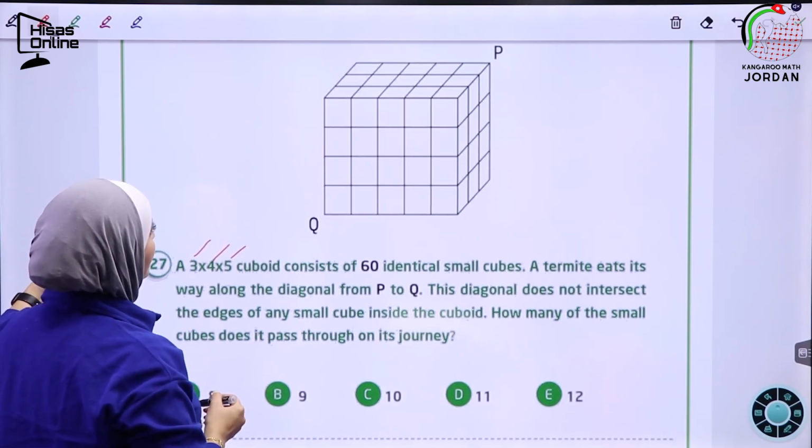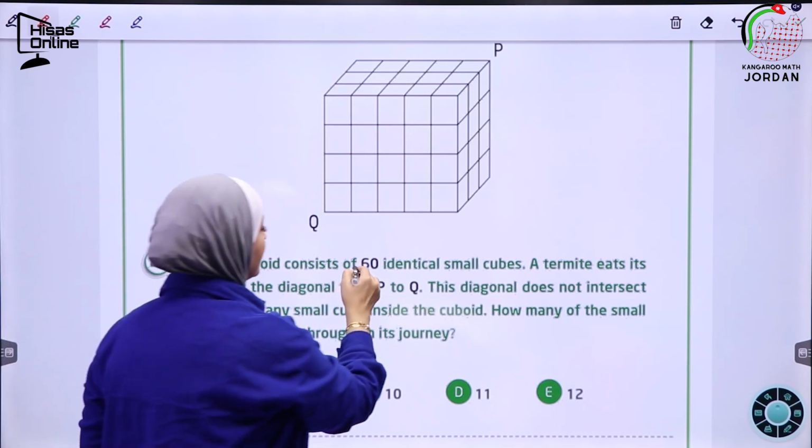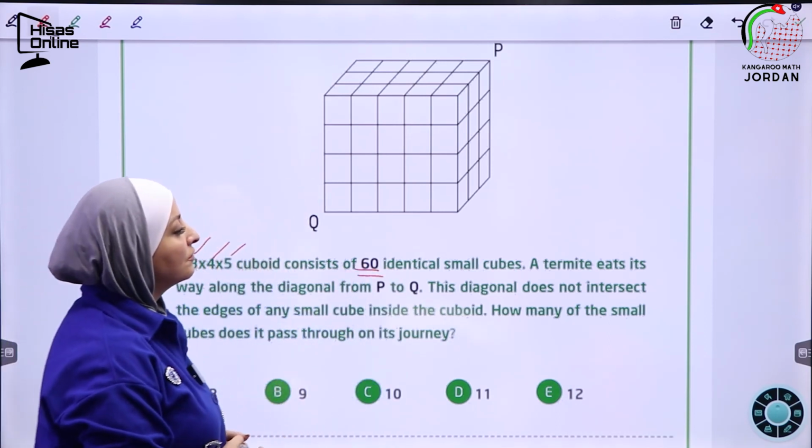So these are 3 dimensions. Our cuboid consists of 60 identical small cubes.